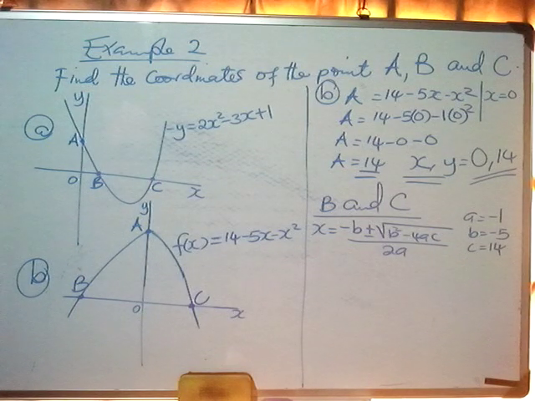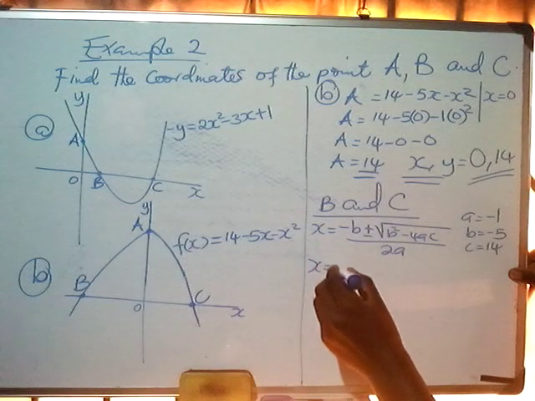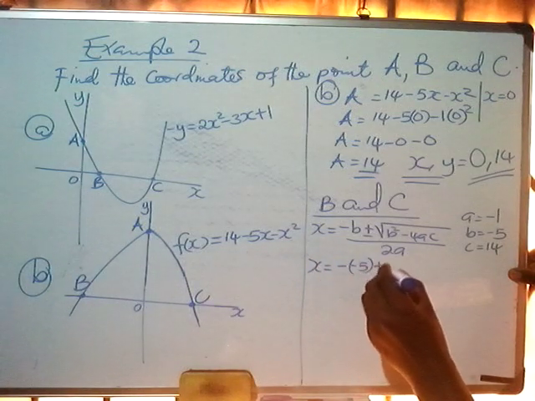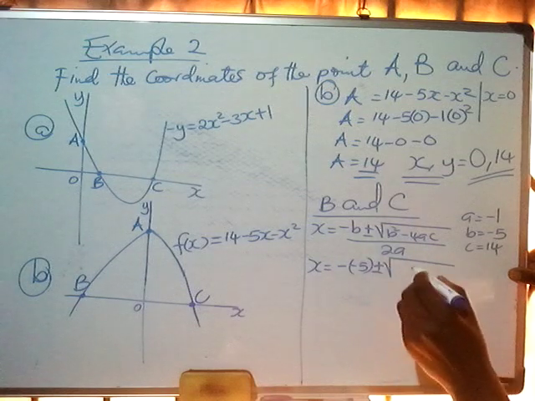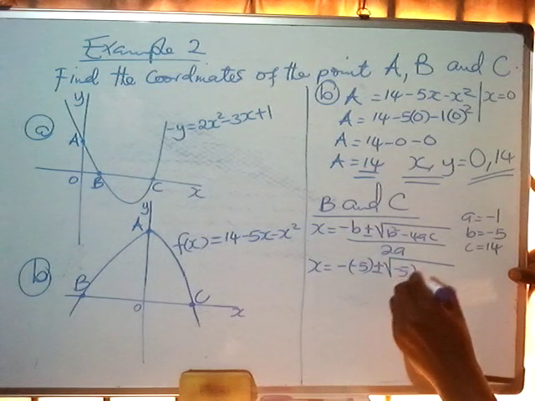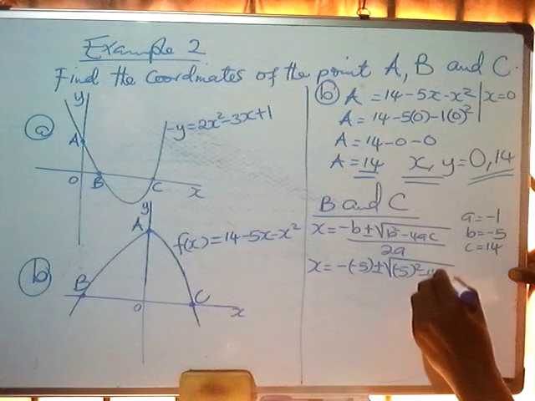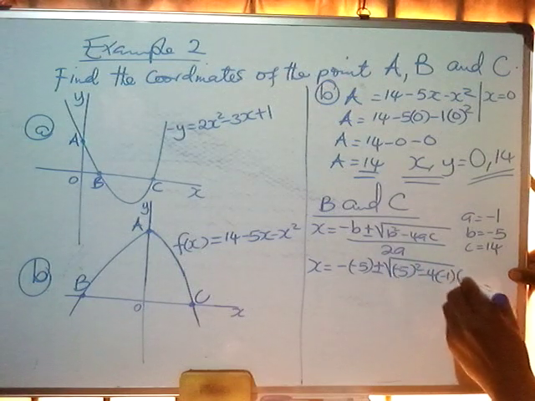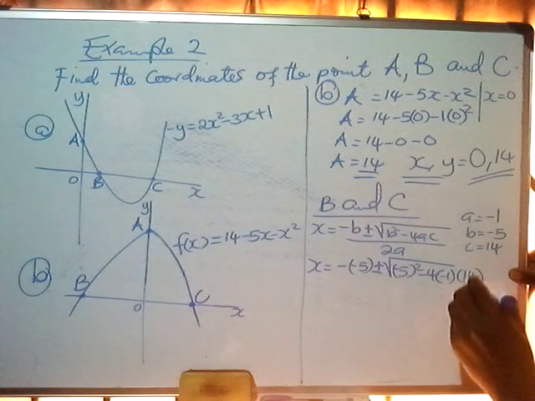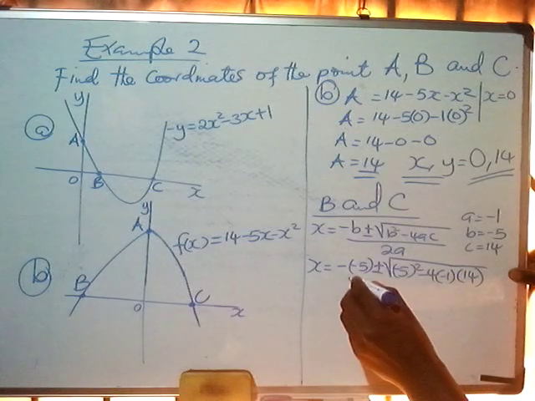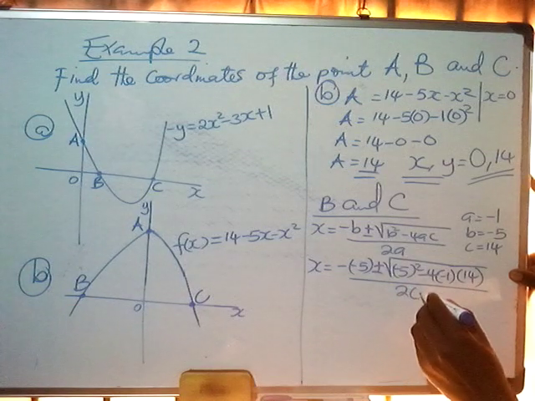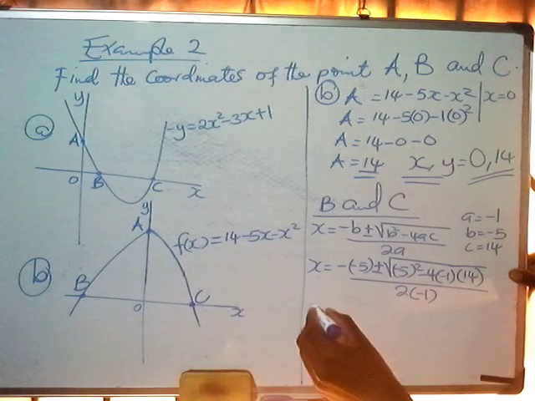So we move now, we find the answer. What will be the answer there? So x is equal to negative 5 plus or minus the root of negative 5 squared minus 4 multiplied by negative 1, then multiplied by 14, then everything divided by 2 times negative 1 in brackets.